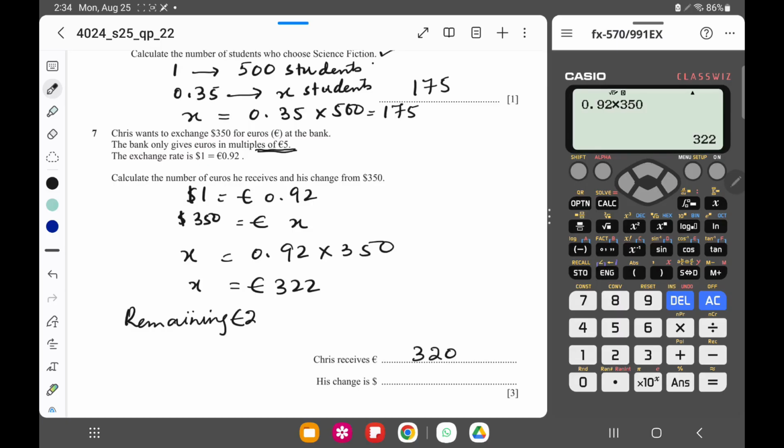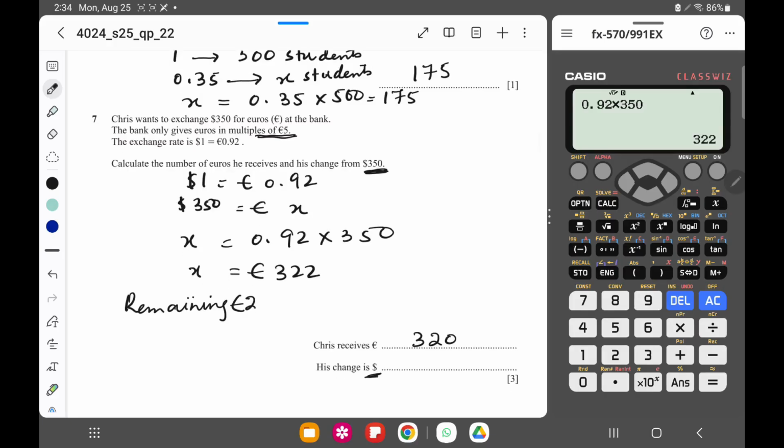So the change from $350 is required. It means we need to change the 2 euros into dollars, because they ask for the number of euros received and the change from $350, so we need to find the amount in dollars.